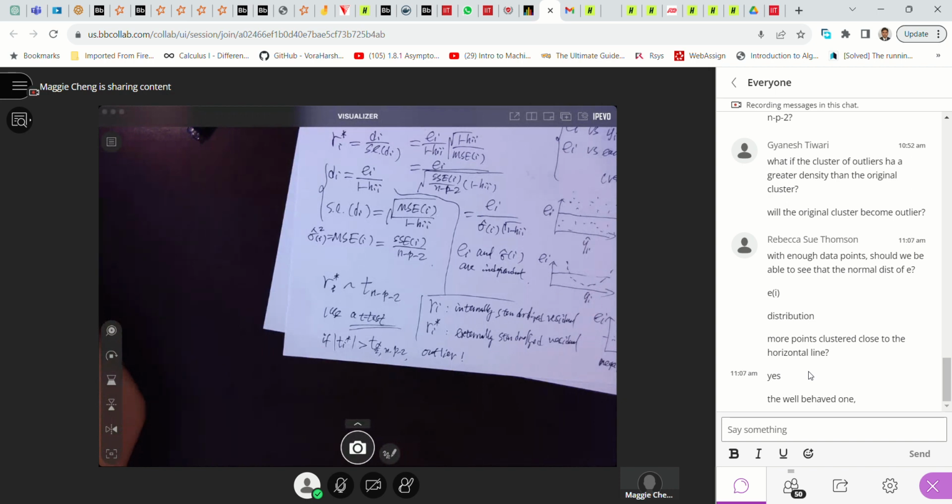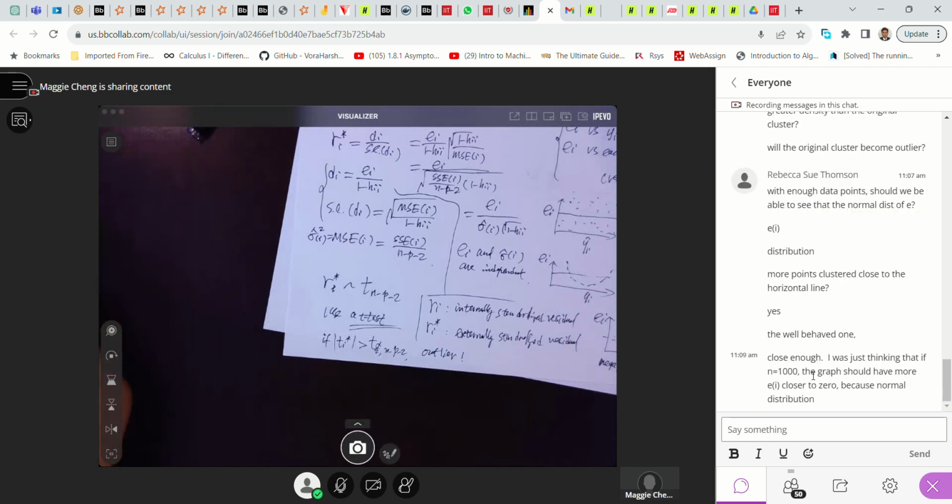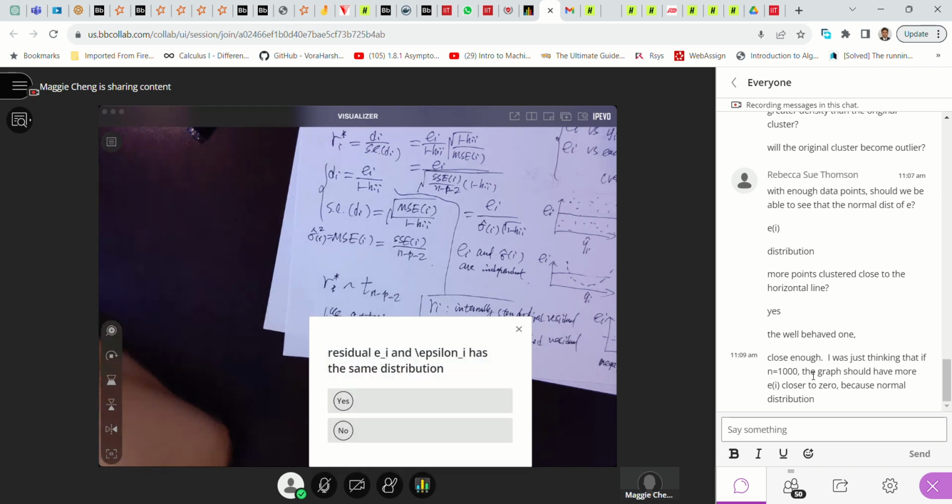Do ei and epsilon have the same distribution?